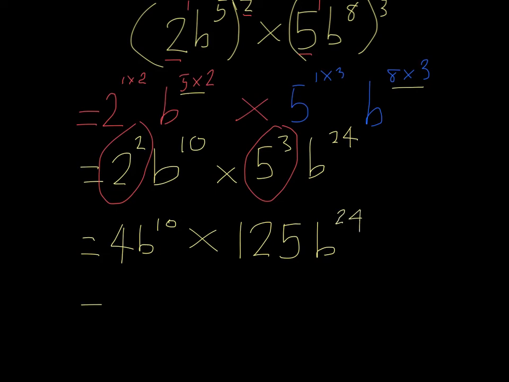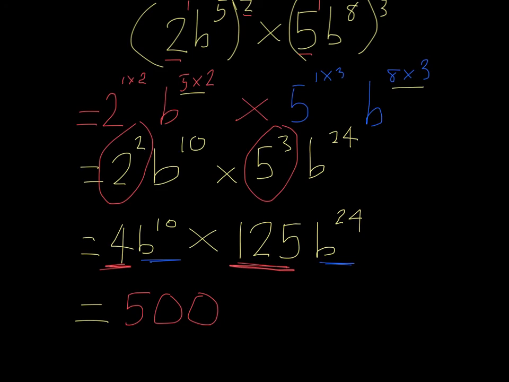So the next step and the final step in this one is then to get our things that have the same base and combine them. So you can see that the numbers, same base, they're both numbers, we can combine them. So 4 times 125 is equal to 500. And in this case, our first index law comes in with the b's. b, b, same base.